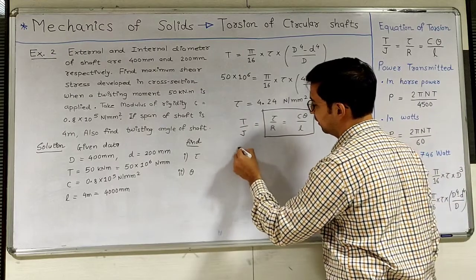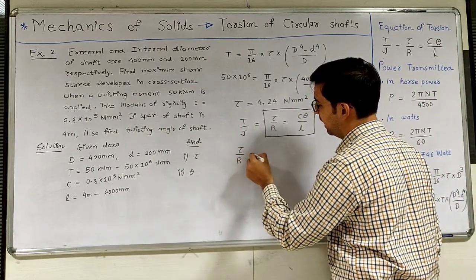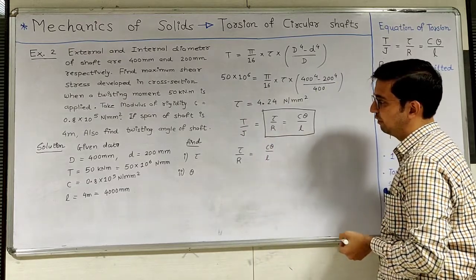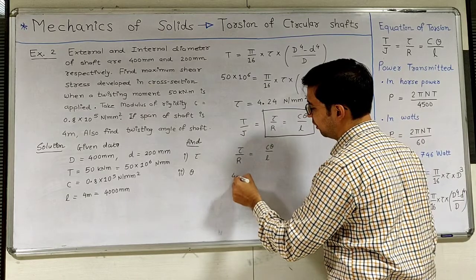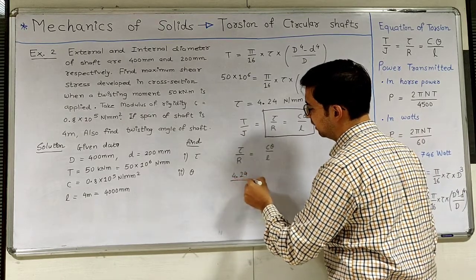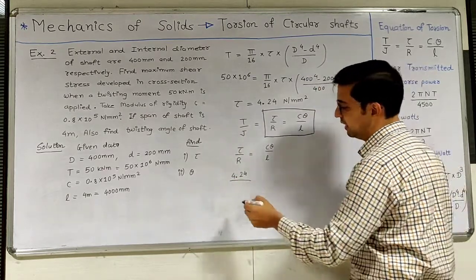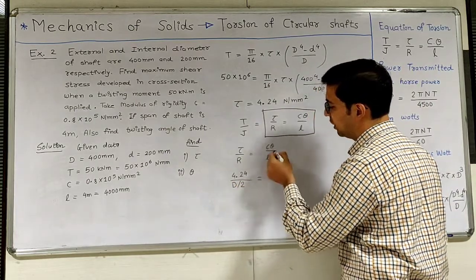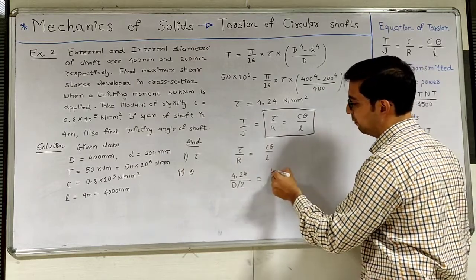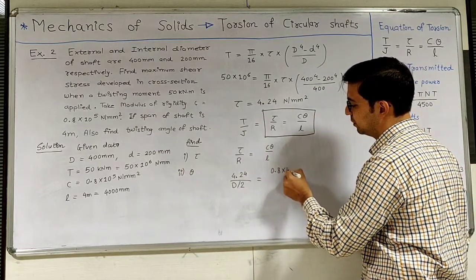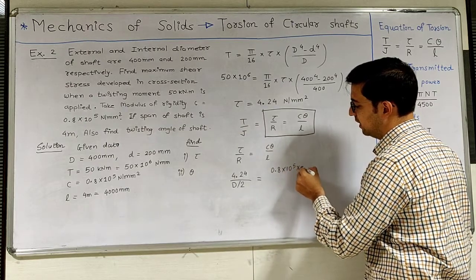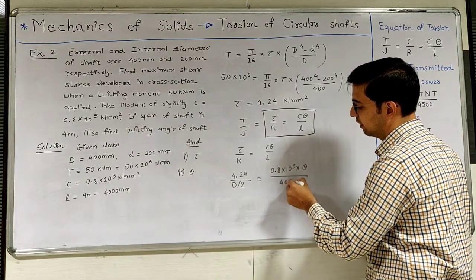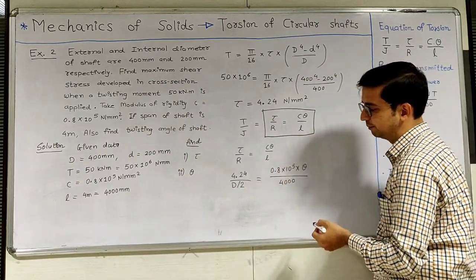So tau by R equal to C theta divided by L. We have the value of tau as 4.24. R is the radius, denoted by capital D by 2, equal to C, which is 0.8 into 10 raised to 5, into theta, the unknown parameter. L is the span, which is 4000 mm.